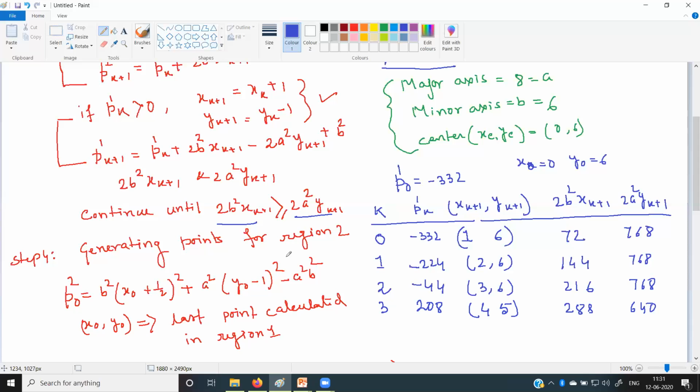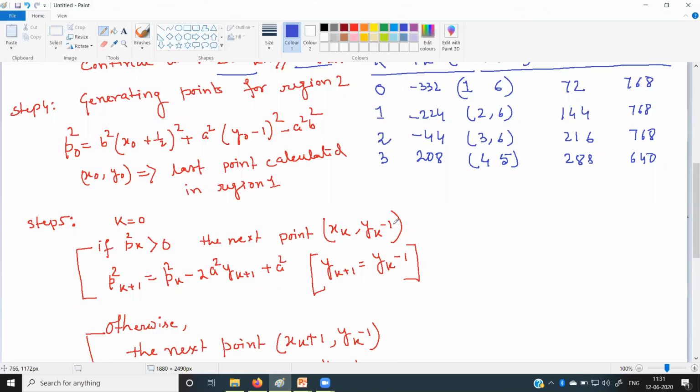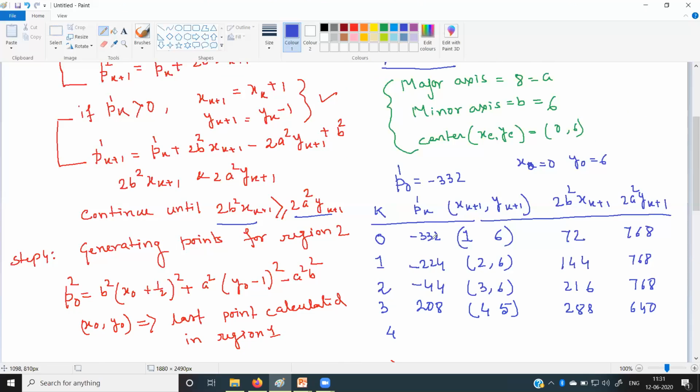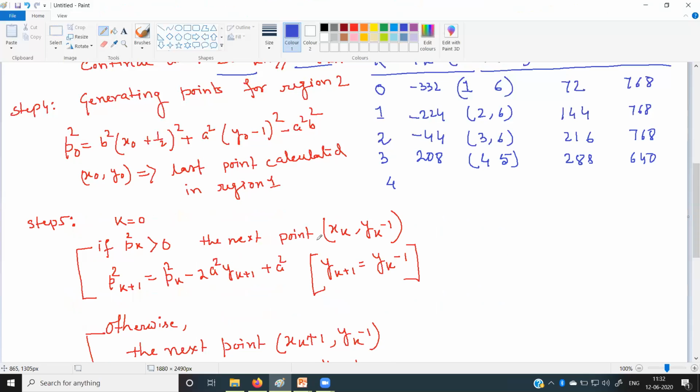Fine. Now at the fourth iteration, once you got this value positive, you have to compute the value of pk plus 1 based on this equation. If you put in the values accordingly, you will get the value for the fourth iteration of pk plus 1 as minus 108. Again it is negative, so only x will be incremented by 1, but y will remain as it is.